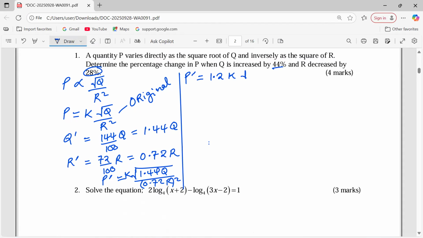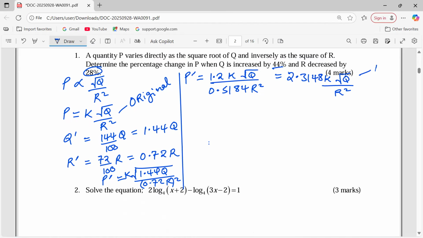A constant and the root of Q remains like that. Out of, when you square 0.72, you're supposed to get 0.5184, R squared. So we can divide 1.2 and 0.5184 to give us 2.3148. 2.3148 constant, the root of Q, out of R squared.